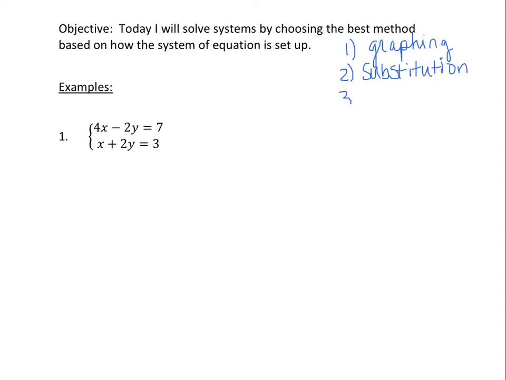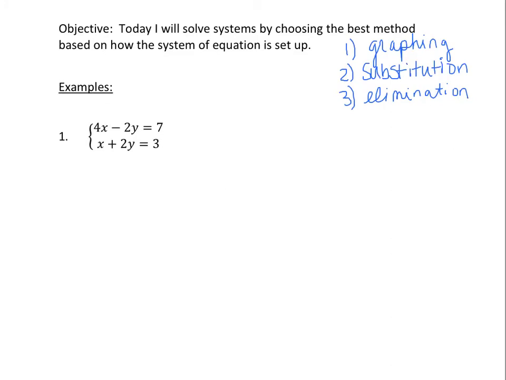And then our last method was by elimination. And elimination is going to be best used whenever you could easily cancel out one of the variables by adding the two equations together. So let's look at example 1. Example 1 has 4x minus 2y equals 7 and x plus 2y equals 3.